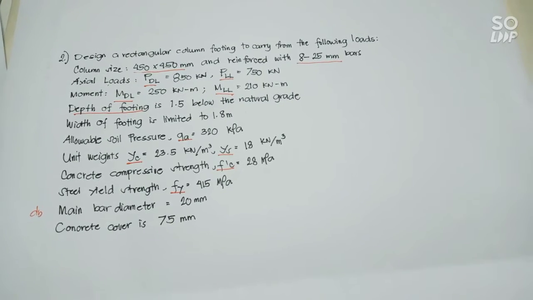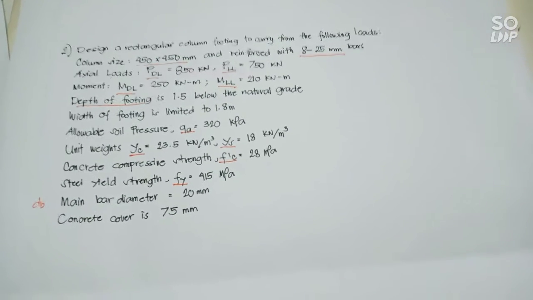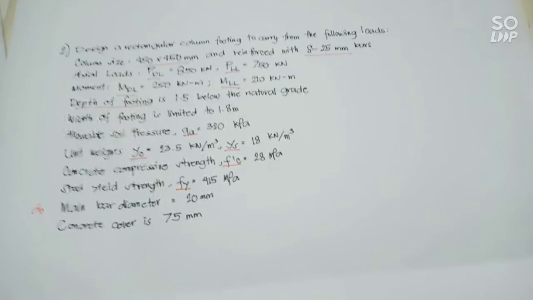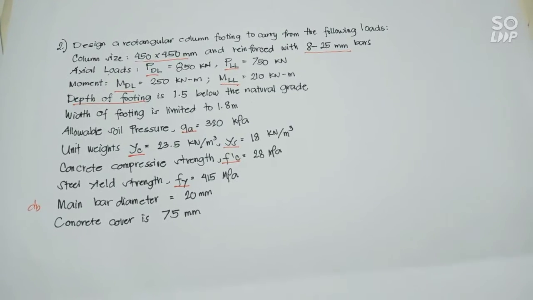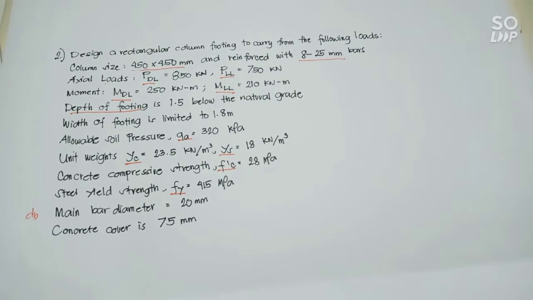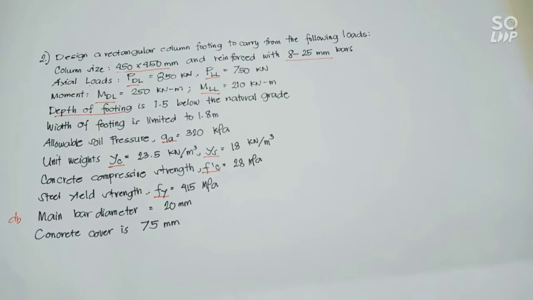The concrete compressive strength is 28 megapascal and the steel yield strength is equal to 450 megapascal. The main bar diameter is 20 millimeter and the concrete cover is 75 millimeter.